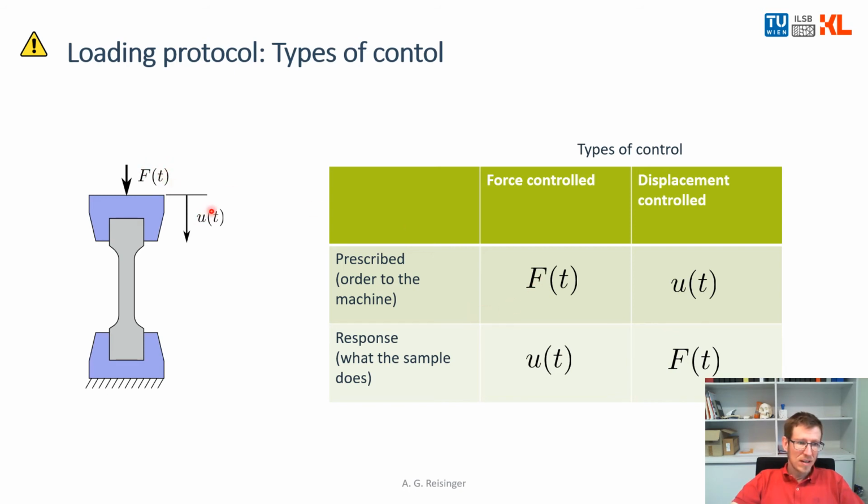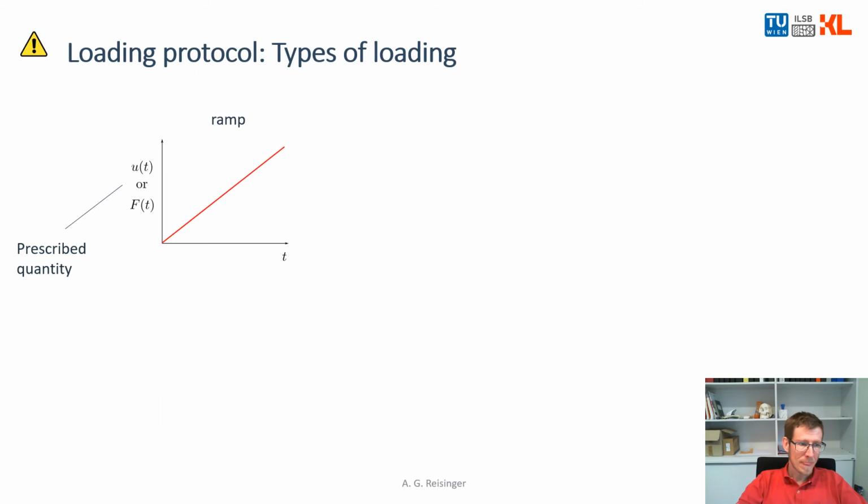This f of t and u of t indicates that these signals are functions over time. So this is what we now look at. These two prescribed quantities, u or f, how can they be shaped over time?